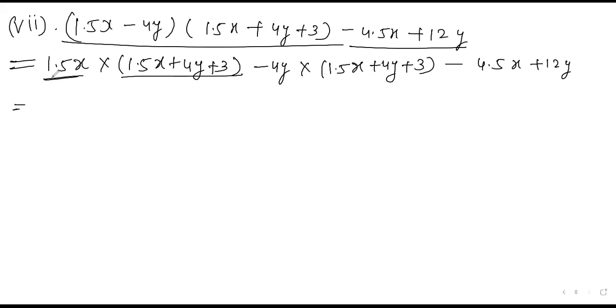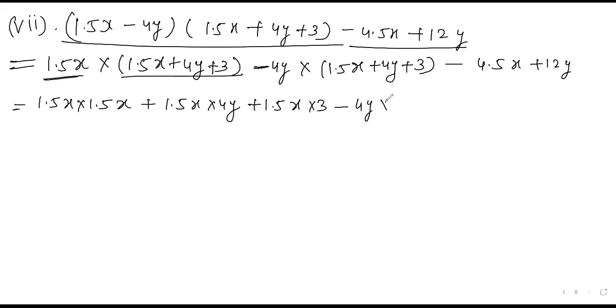Now we need to multiply 1.5x throughout the bracket. So 1.5x into 1.5x plus 1.5x into 4y plus 1.5x into 3. Because of this minus sign, all the signs of the bracket will be changed.